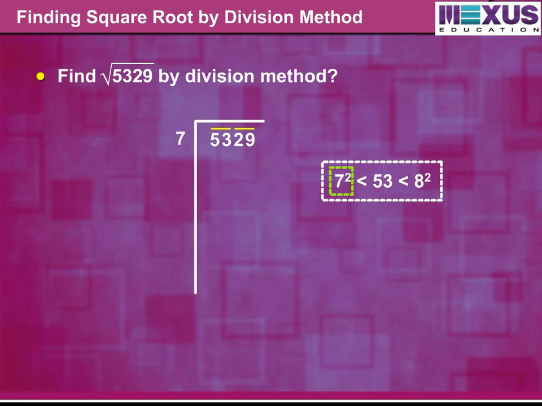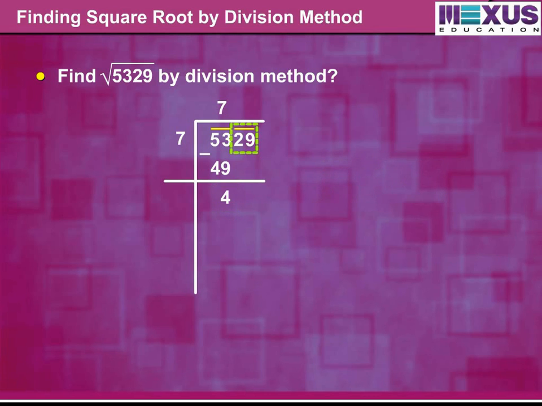Now, take this number as the divisor and the number under the leftmost bar as the dividend. Divide and get the remainder, that is, 4 in this case. Now bring down the number under the next bar, that is 29, to the right of the remainder 4. So the new dividend is 429.